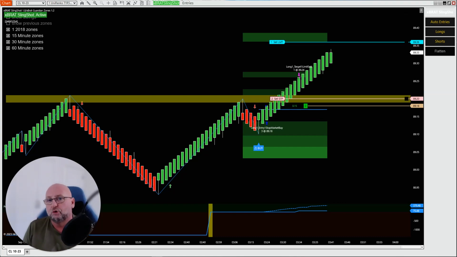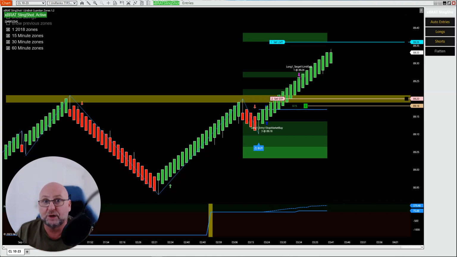So if we've got oil traders, this Unirenko 135 is very, very good with the slingshot, and it's more prone to a multi-contract approach, because we can bank profit, we can understand the probability is extremely strong with those pullback zones to target 2.